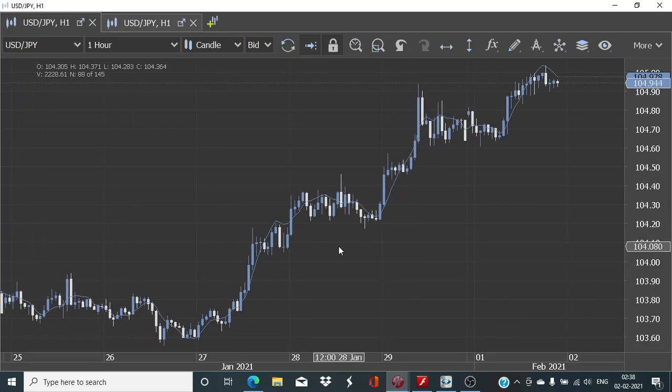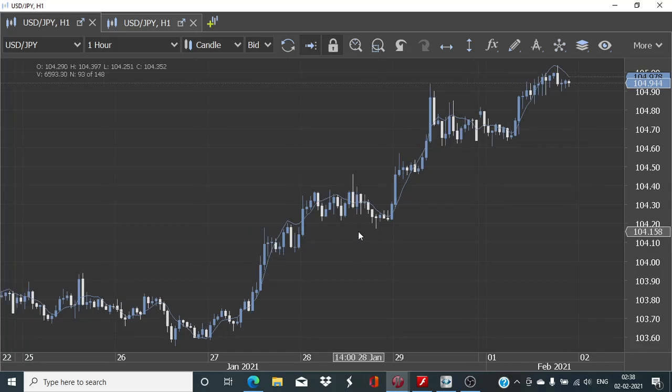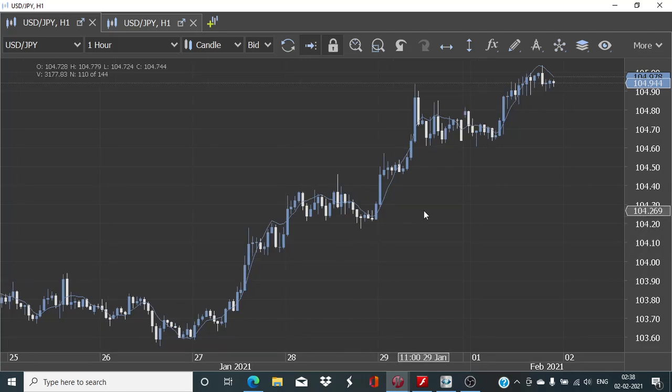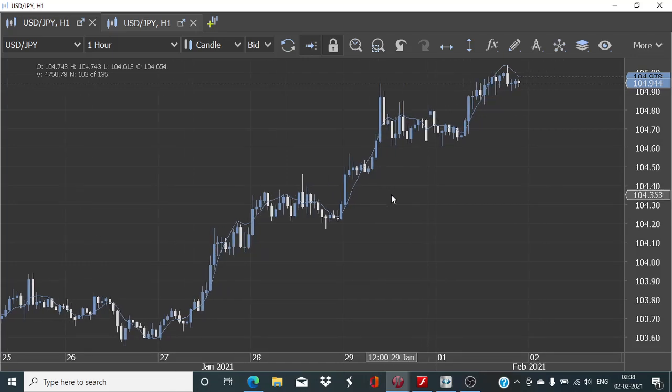For today's session, we will use linear regression and price action, and we will try to arrive at a combination which will give us a good idea of the trend and help us figure out opportunities to profit.